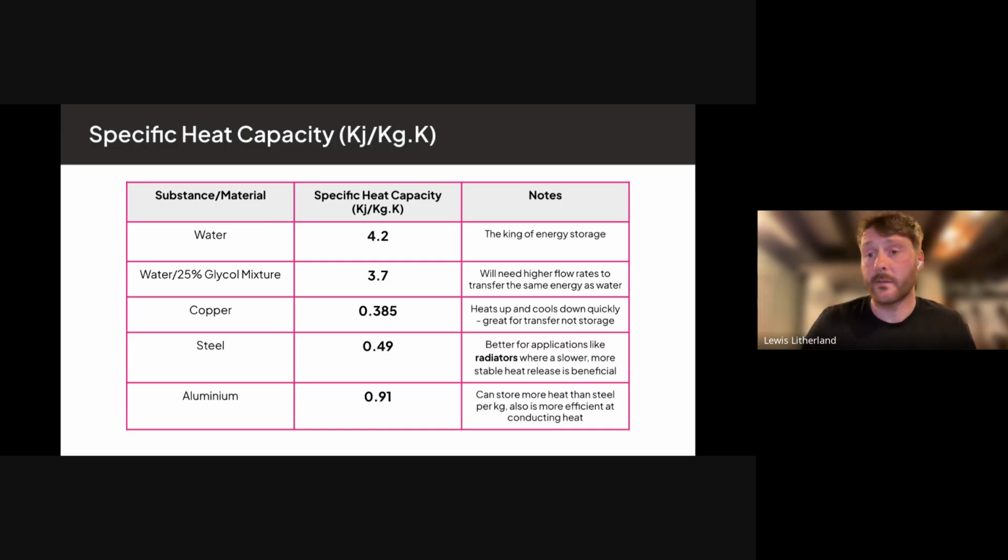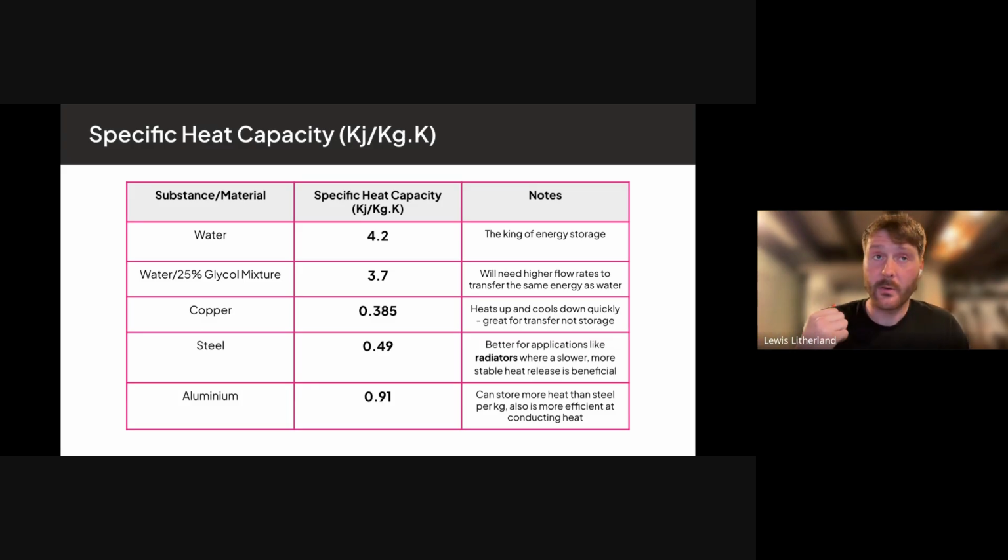So water 4.2. The next one down, vital if you've never been told this, or if you've been on one of these 3-day courses where they like to talk about glycol quite a lot. If you do a 25% glycol to water mixture, it reduces your specific heat capacity to 3.7, which means, when we do the maths, and I'll show you an example in a minute, you need higher flow rates to transfer that glycol around the system, which puts more strain on your components, and uses more energy.